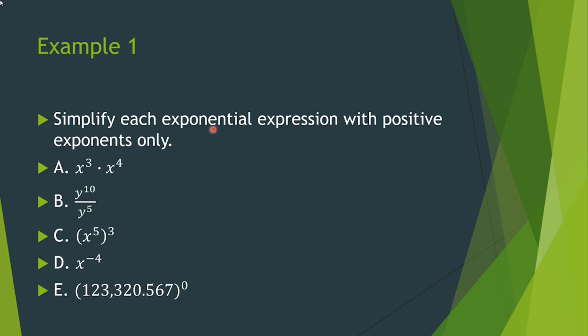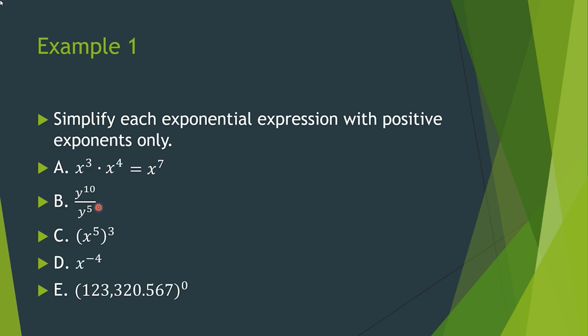So that first one, x raised to the third times x raised to the fourth, would be x raised to the seventh. Because you're multiplying, you add the powers together.